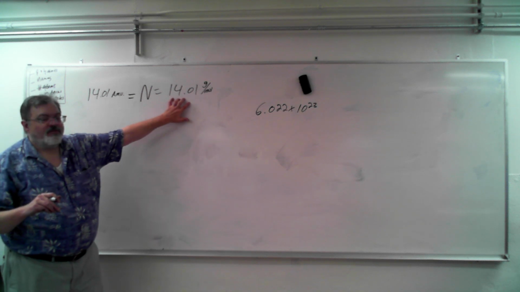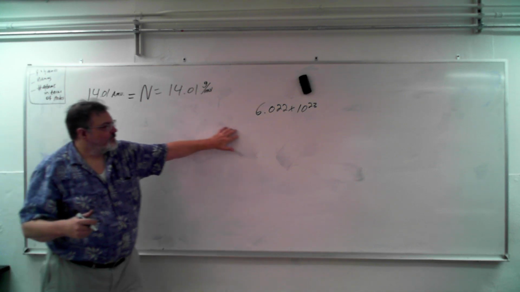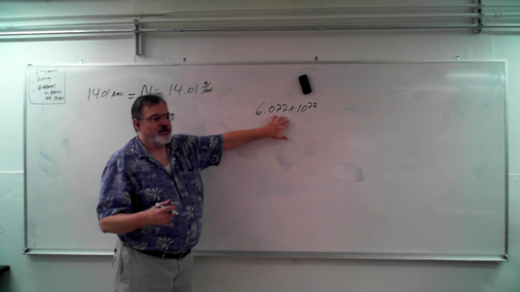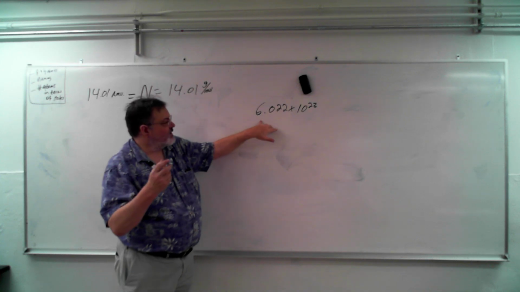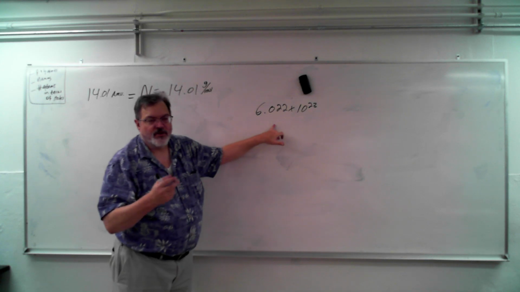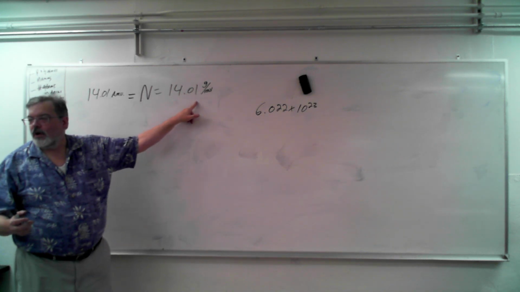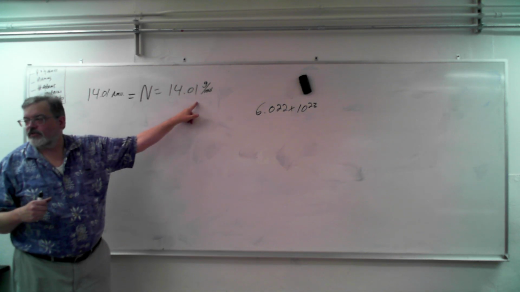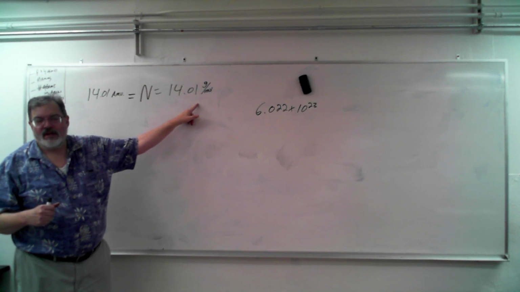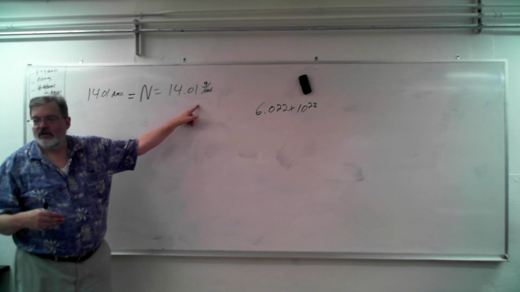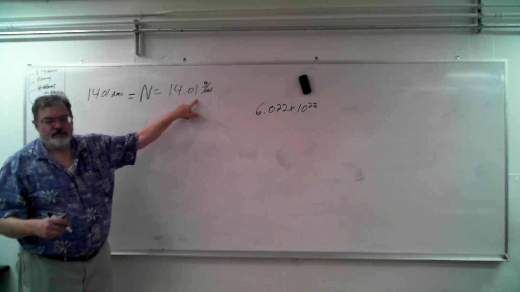But this is already defined in terms of moles. If you have that many nitrogen atoms, that is 1 mole. And if you put this many atoms of nitrogen on a scale, it will say 14.01, a scale that measures grams. You guys follow that conceptually? That's the whole point of this number on the periodic table.